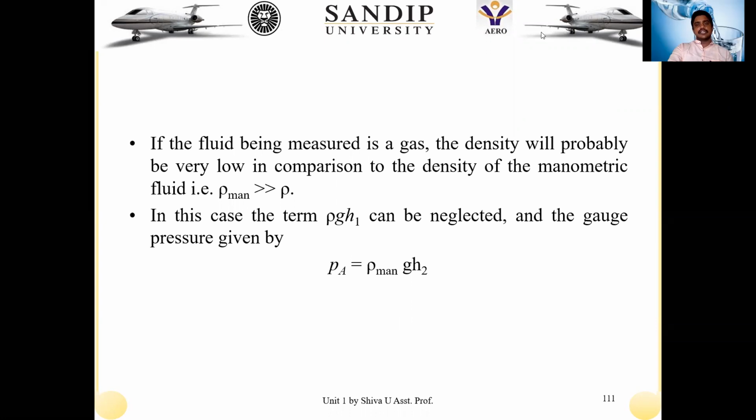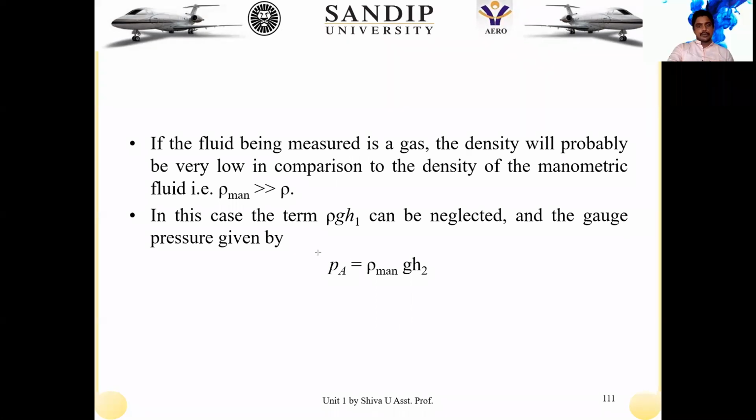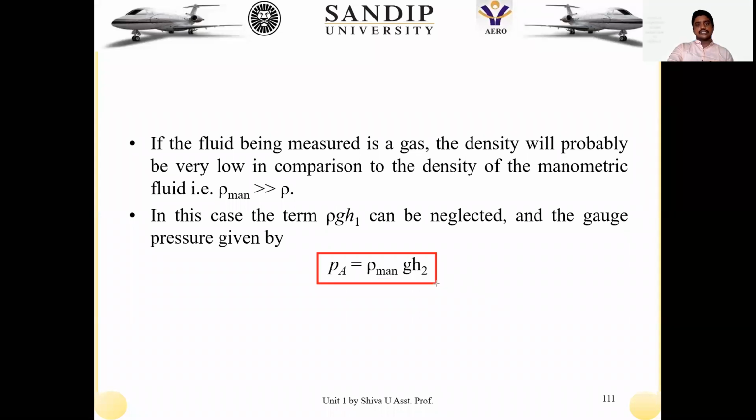Finally our resultant equation will be PA is equal to rho manometer into g H2. But this condition holds only when on the H1 side we have a gas whose density is very low compared to the manometric fluid. In that case the pressure is directly measured as PA equal to the density of the manometric fluid into g into the height H2. So that is the U-tube manometer.